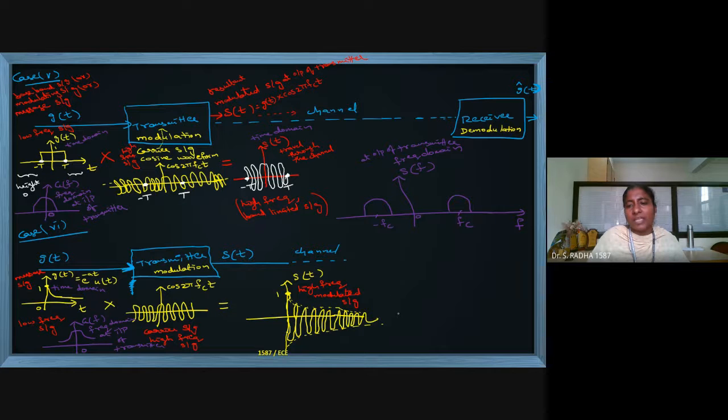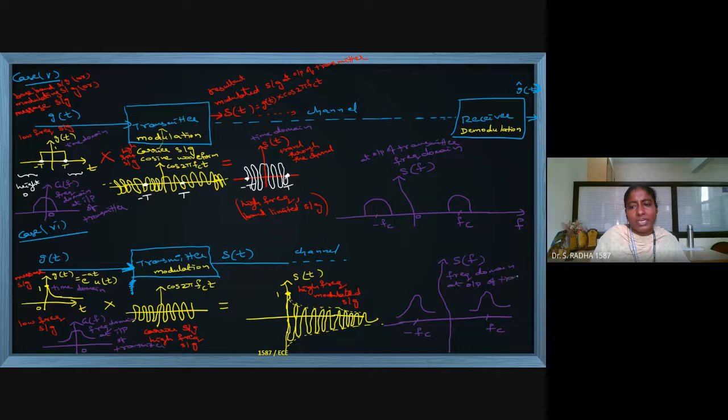After multiplying with the carrier, what will happen? What is there with respect to origin will be shifted to plus fc and minus fc. This is S of f, the frequency domain at output of transmitter.